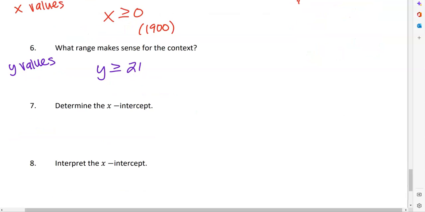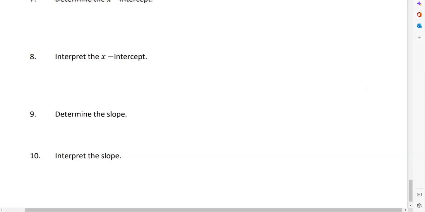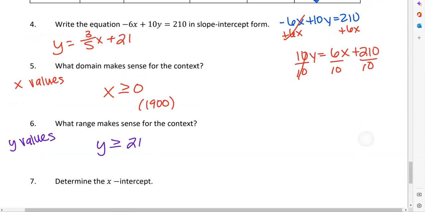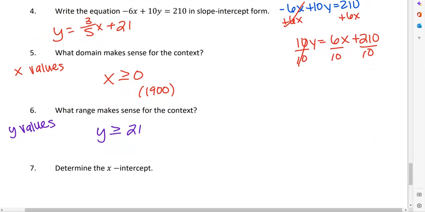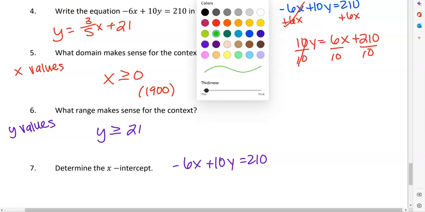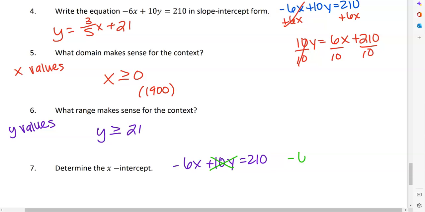All right, number 7, determine the x-intercept. Okay, so we have to solve. I'm going to use our original, negative 6x plus 10y equals 210. Because to get my x-intercept, we can just take this part out. Negative 6x equals 210. And let's divide.